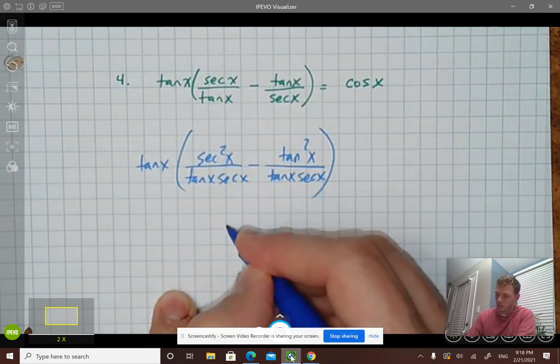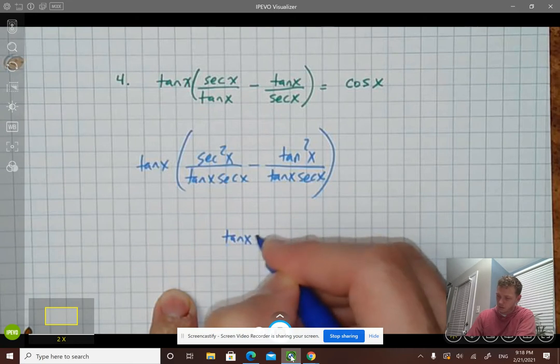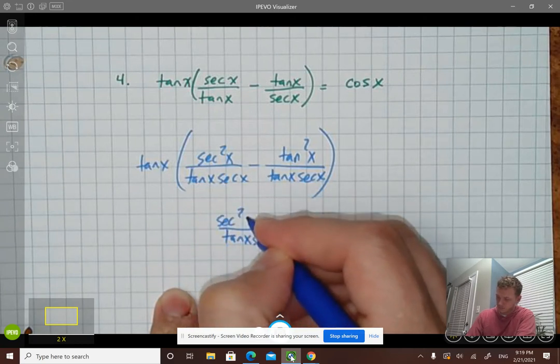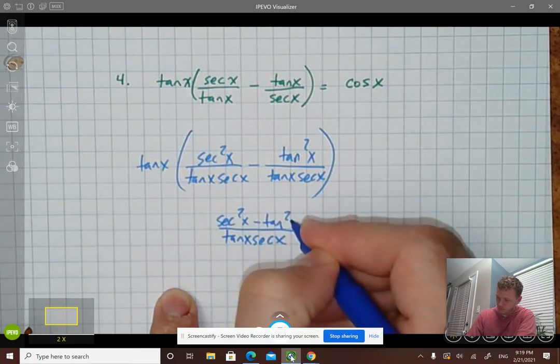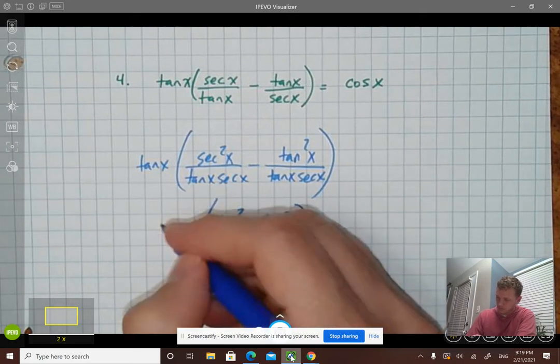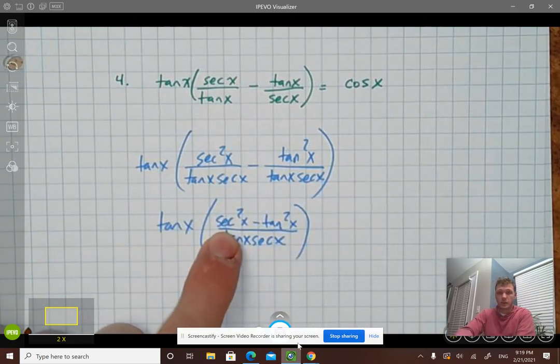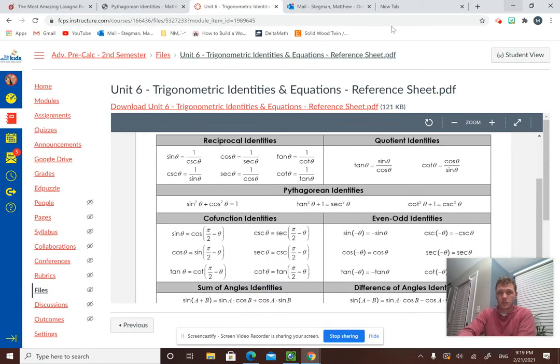All right, we're going to go ahead and combine those. We just talked about secant squared of x minus tangent squared of x right here. That's that identity. We subtract the tangent squared, and that's equal to 1.